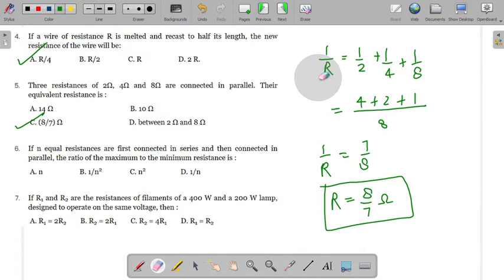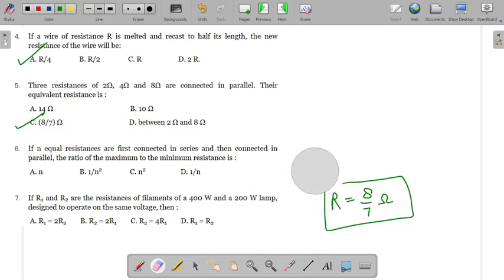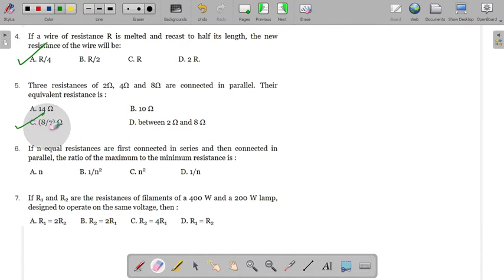Now moving to question number 6. If n equal resistances are first connected in series and then connected in parallel, the ratio of maximum to the minimum.